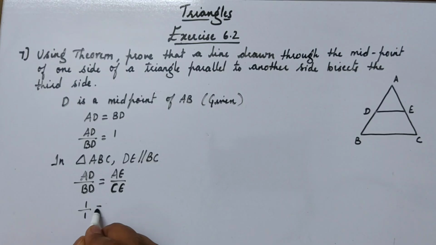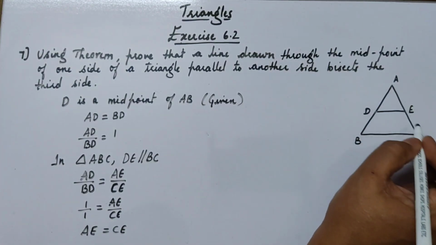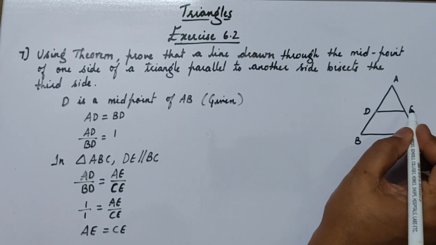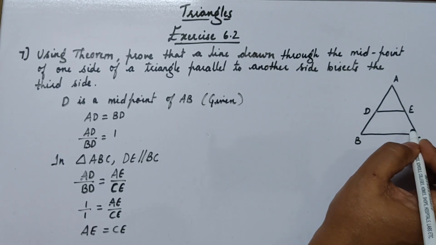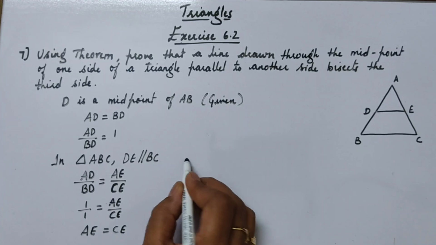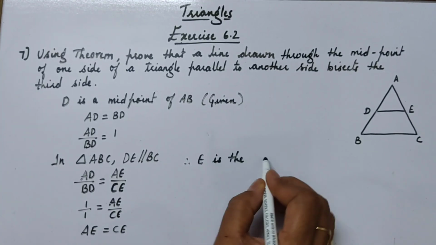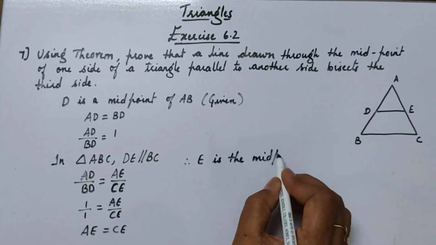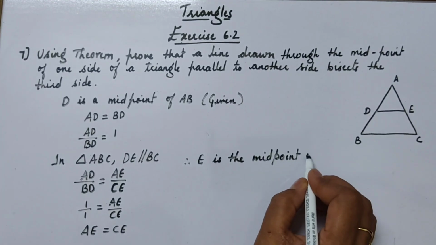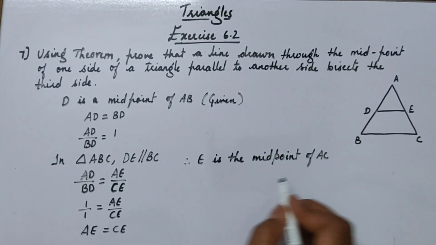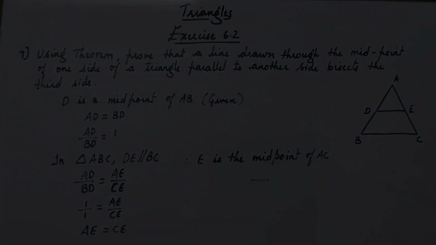I can write 1 upon 1 equals AE by CE. Let me do cross multiplication. I am going to get AE equals CE. That means E is bisecting the third side. Therefore, I can say that E is the midpoint of AC, students. I hope this is clear to you all.